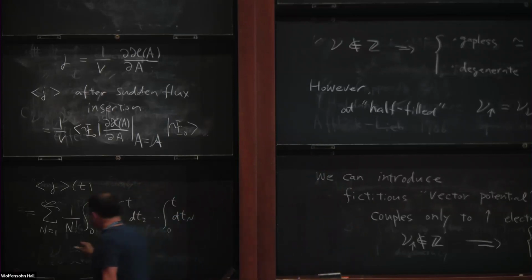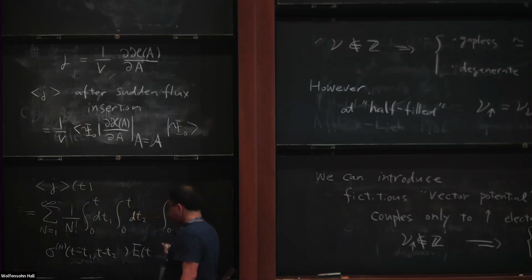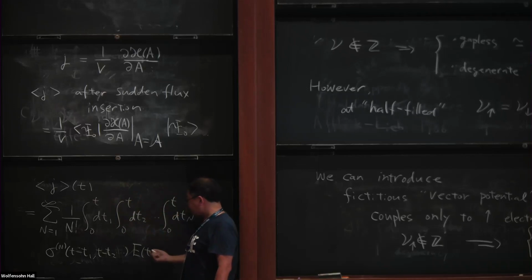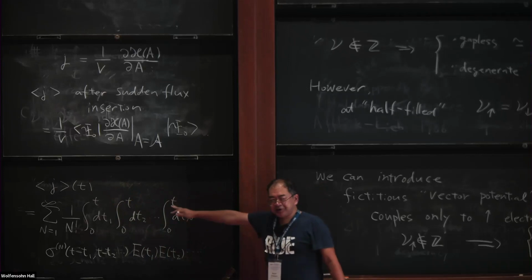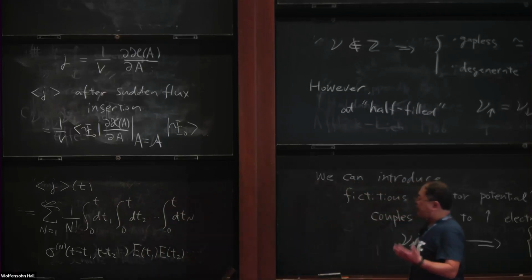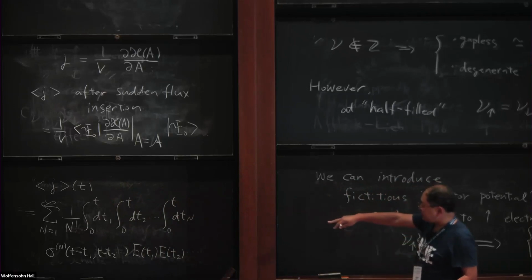And at each order, there is some response function, and you have some delayed effect of the electric field at time t1 and time t2, and so on. So this is a current as a response to the electric field; n equals 1 gives you linear response, n equals 2 second order response, and so on.